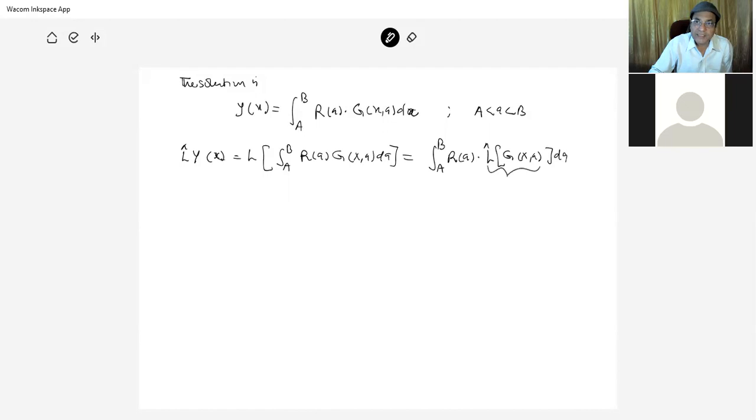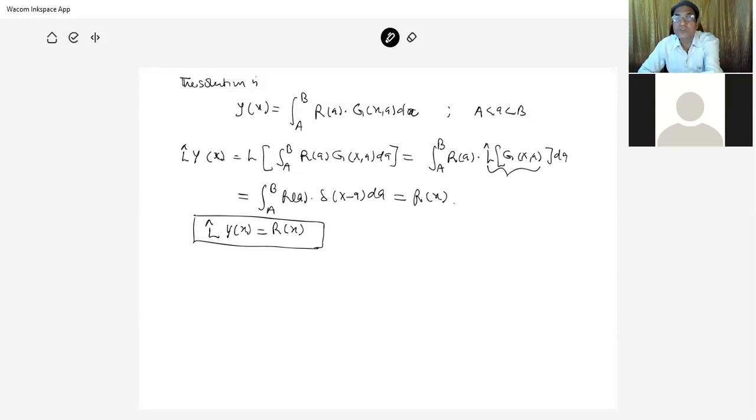This operator L_x is delta, so this value is nothing but a to b r(a) and delta function (x minus a) dA, and this delta function (x minus a) gives r(x). This is r(x), and therefore L y(x) satisfies this is r(x). So this is the nature of the solution that we have discussed.